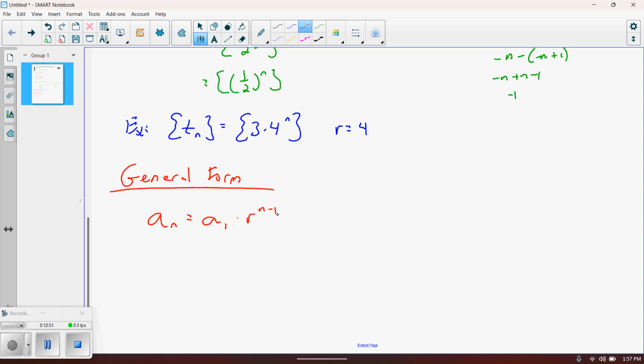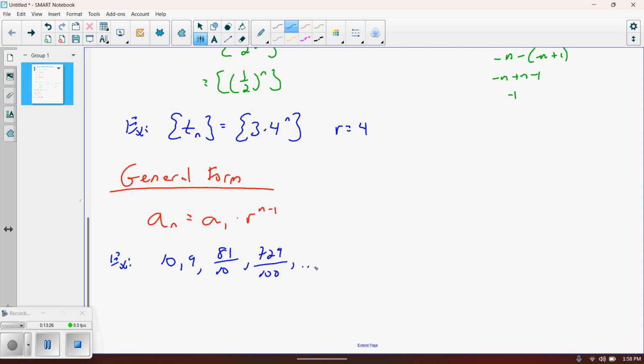So let's see if we can actually take this information, this general form, and write a geometric sequence in its general form from a list of terms. So we're going to take the list that starts with 10, then 9, then 81 tenths, then 729 over 100, and so on.